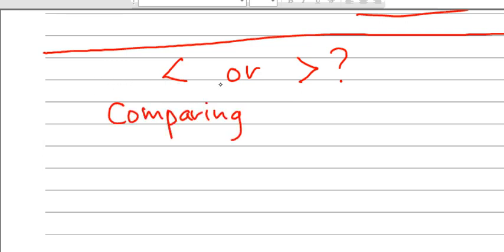Okay, next we're going to be, again, less than or greater than. And we're going to be comparing a fraction to a decimal. So again, we're doing the same thing.